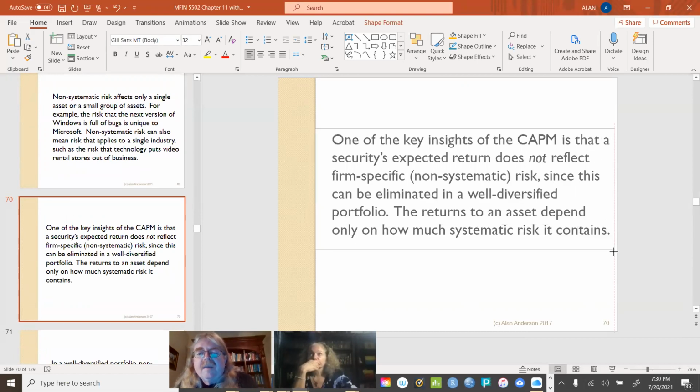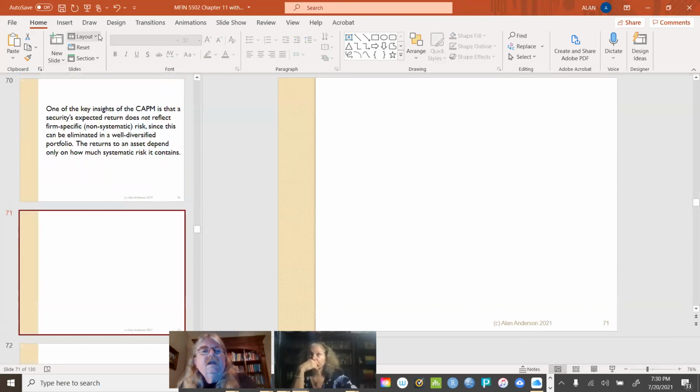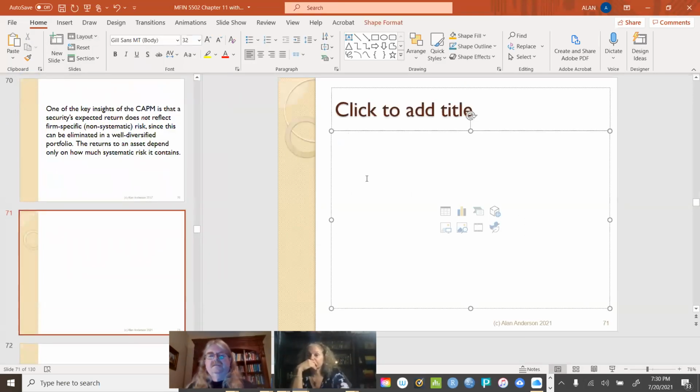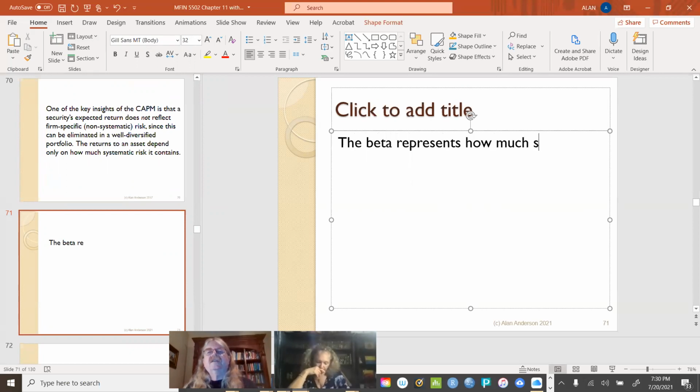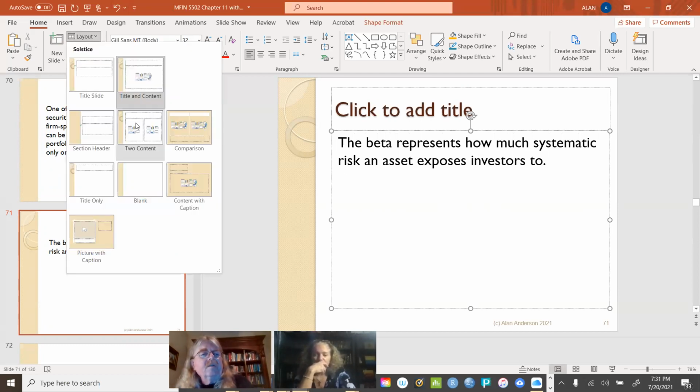So that's why the beta matters, because the beta represents how much systematic risk an asset exposes investors to. Beta only measures systematic risk.